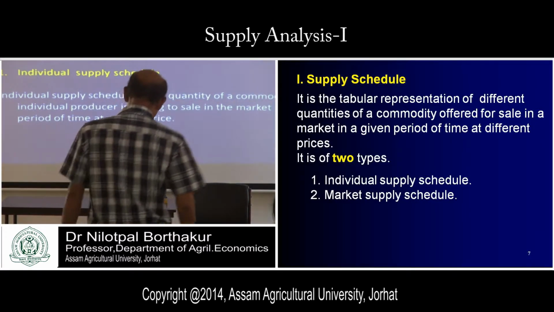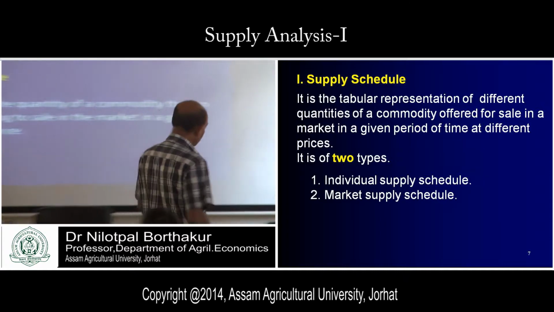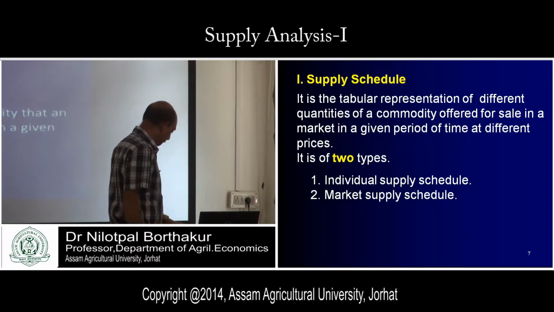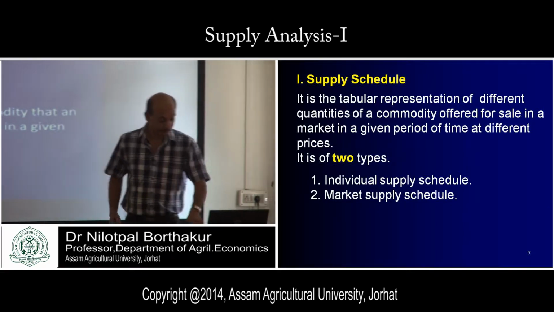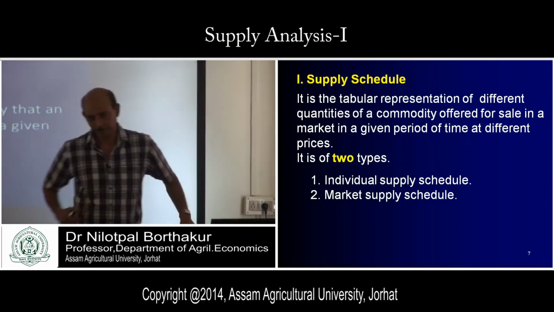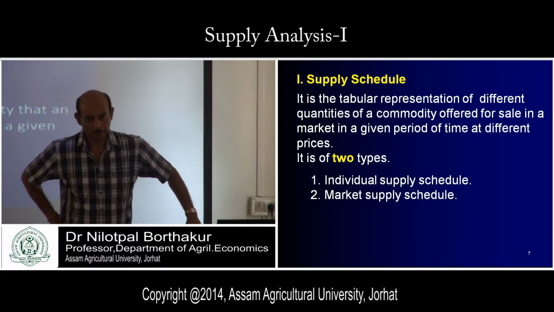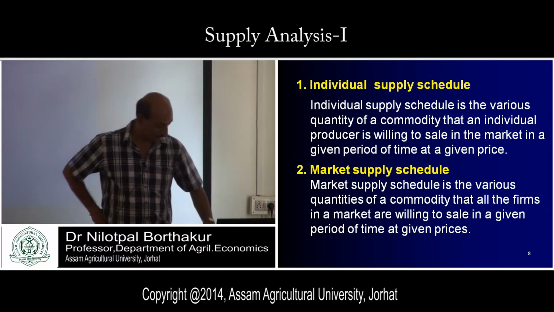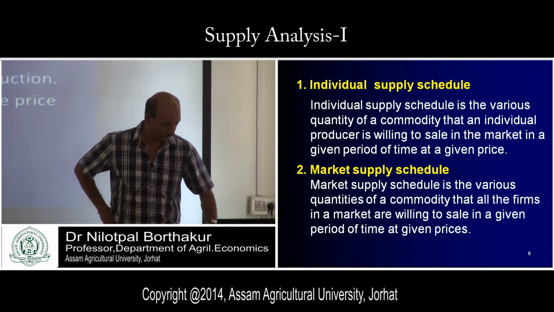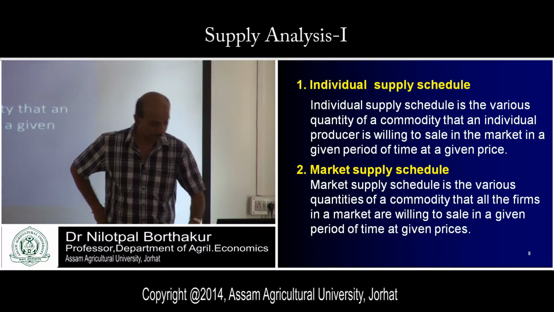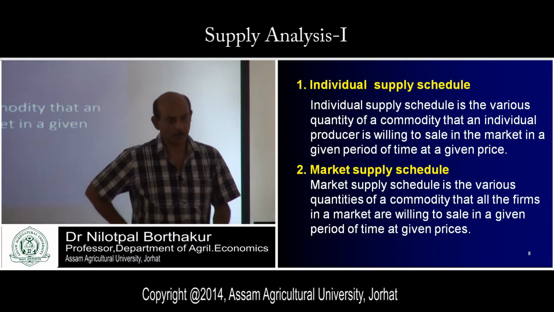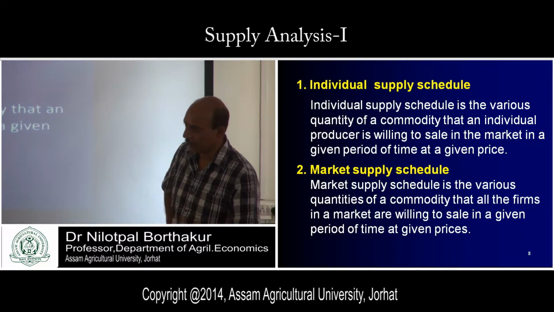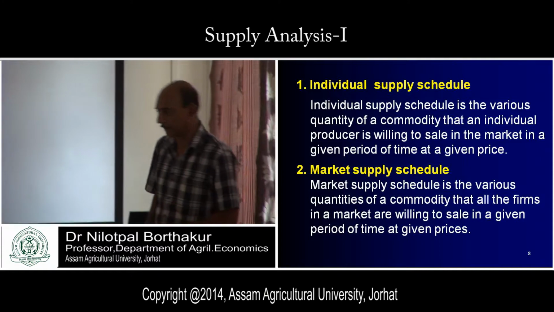Just take an example. Individual supply schedule is the quantity offered for sale by an individual seller at various prices.